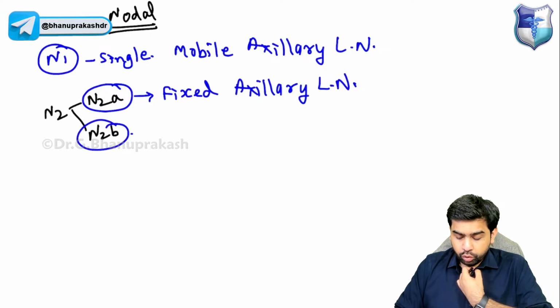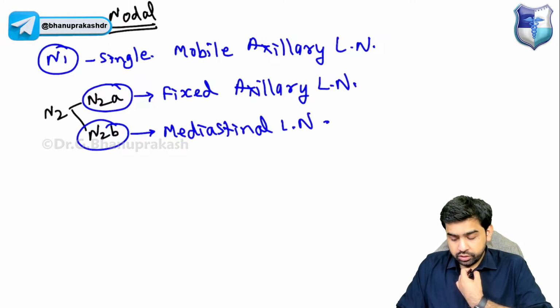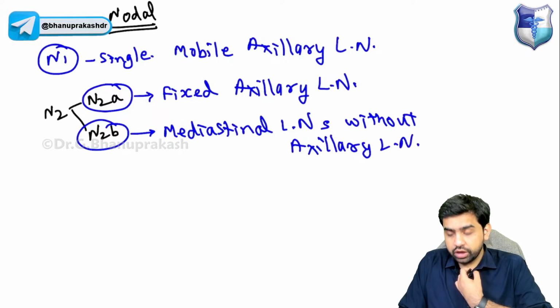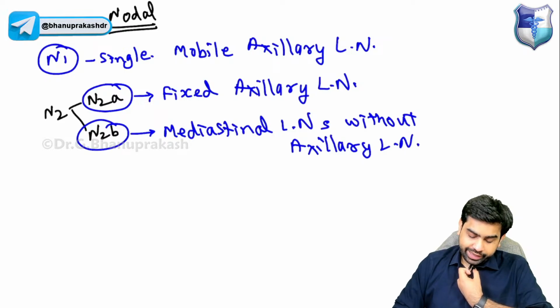N2B is involvement of mediastinal lymph nodes without the axillary lymph nodes. If there is involvement of a mediastinal lymph node without the axillary lymph node, that is your N2B. Okay, then we have N3.